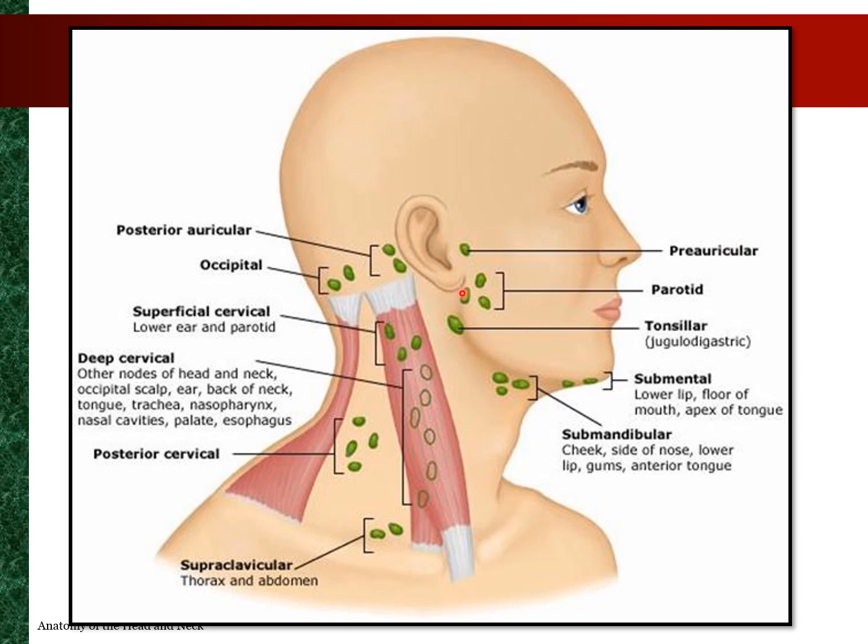Normally you cannot palpate any lymph node: pre-auricular, parotid, tonsillar, submental, submandibular, superficial cervical, occipital, then deep cervical, posterior cervical, supraclavicular lymph nodes. These are all the locations of the lymph nodes.